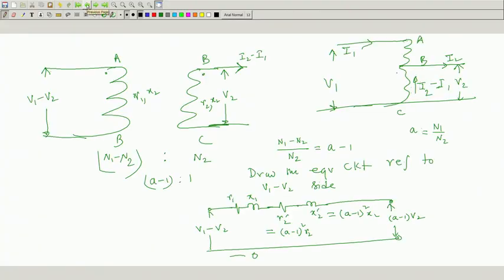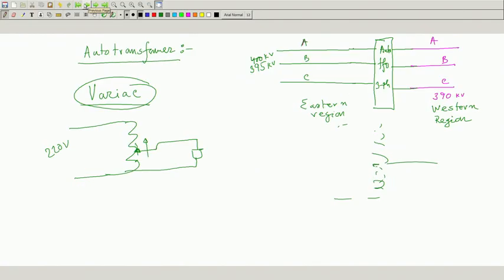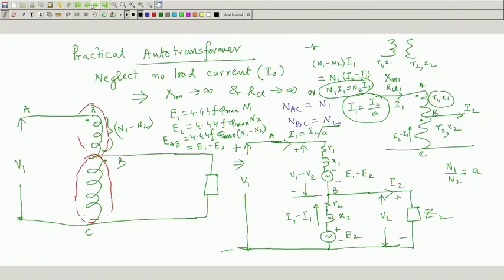You recall from my earlier lecture, this was the actual auto transformer, which is practical, and I assumed the usual current distribution. Here is I 1, here is I 2, and this part AB has N 1 minus N 2 turns, and part BC has N 2 turns.